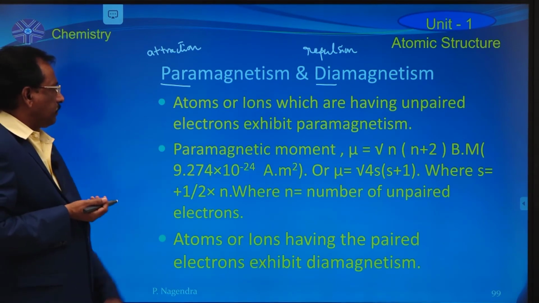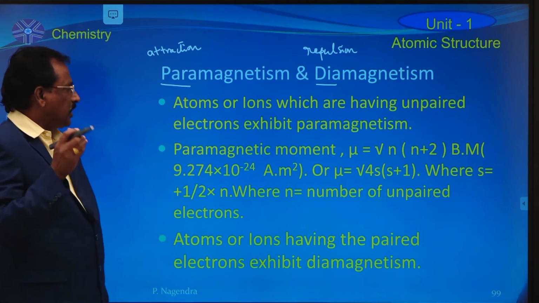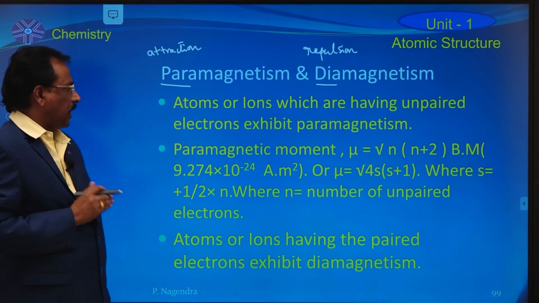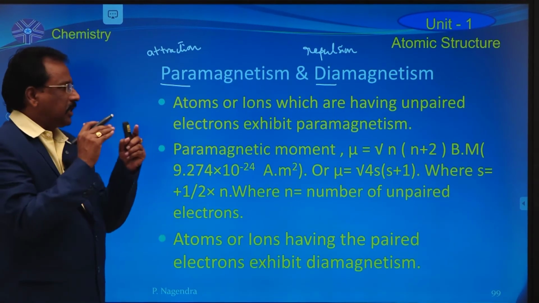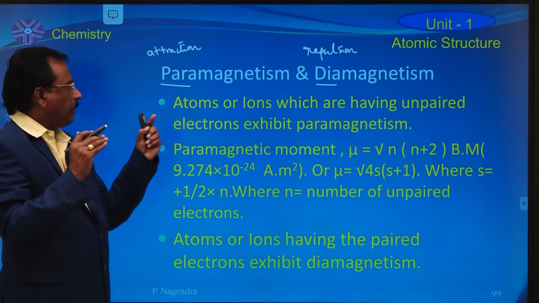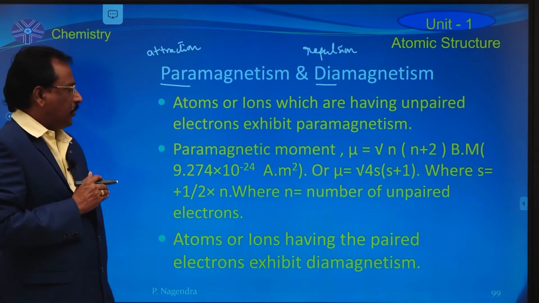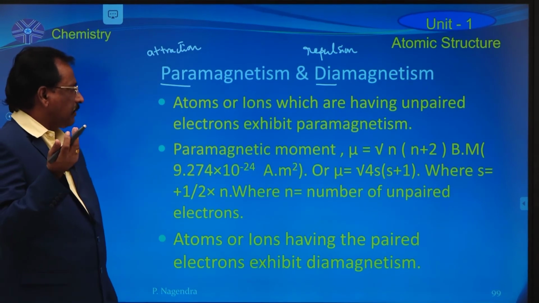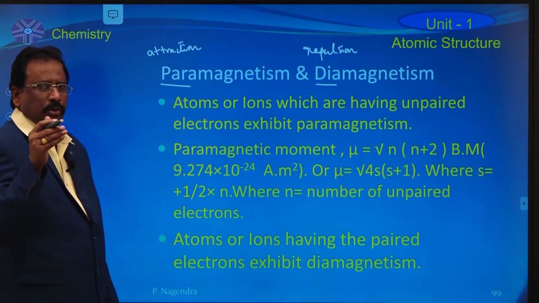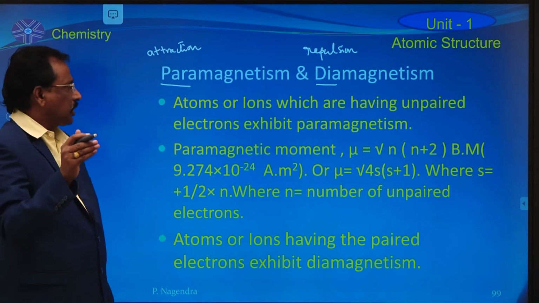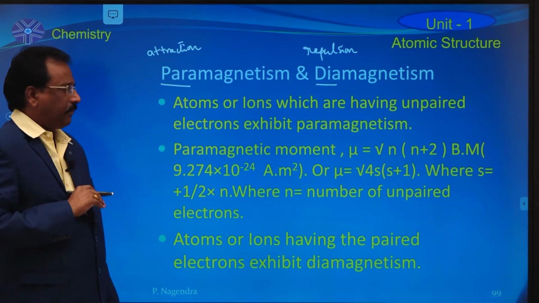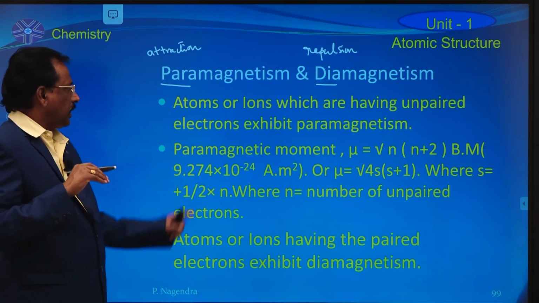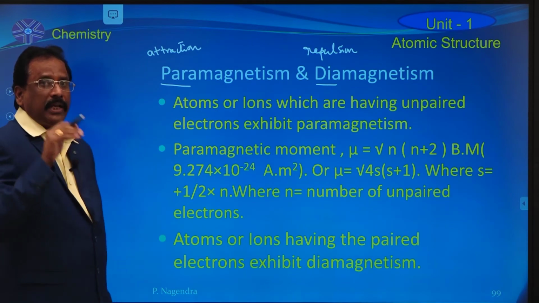If an atom or ion which has unpaired electrons is placed in a strong magnetic field, due to the presence of unpaired electrons, those atoms or ions show attraction towards the applied magnetic field. That property is known as paramagnetism.